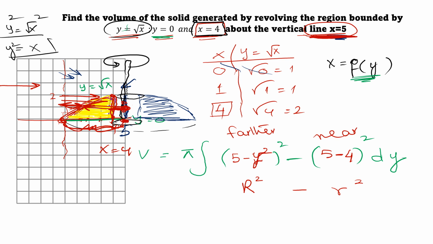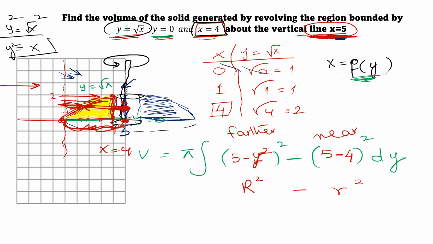The distance from the axis of revolution is 5. So 5 minus graph, minus 5 minus inner region. Look at this, read it and check how much it is equal to.